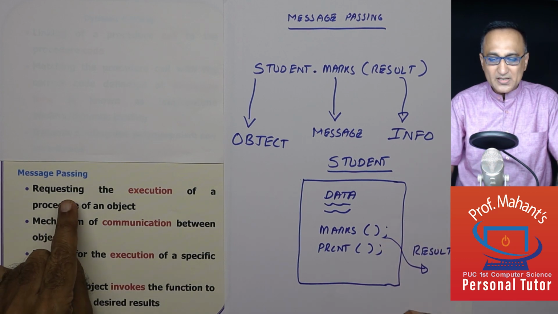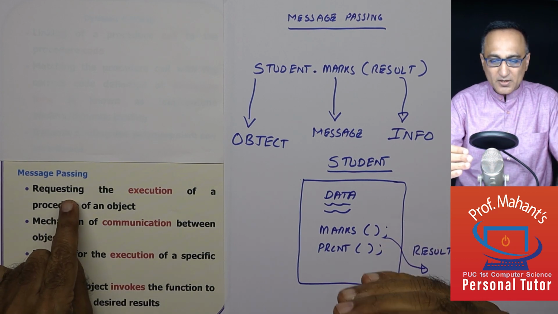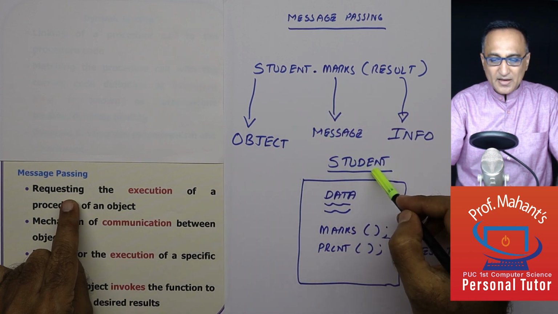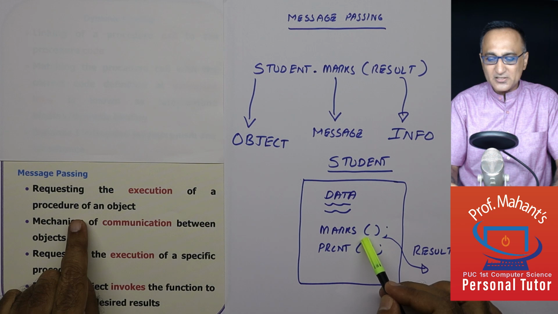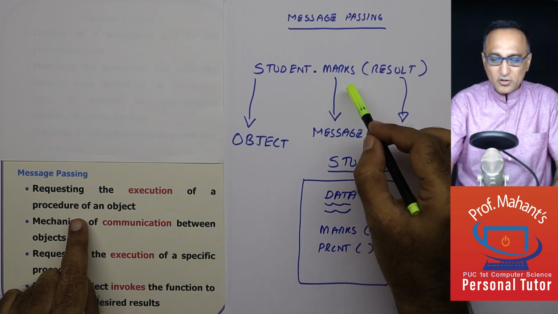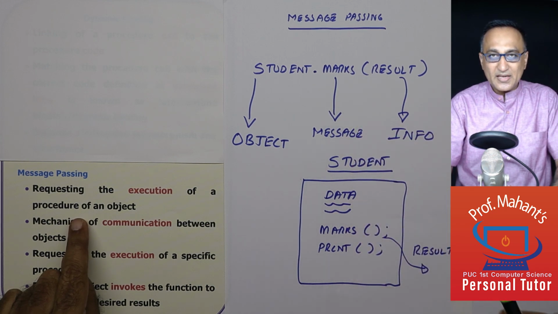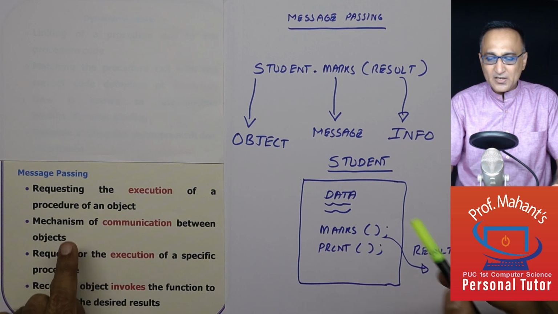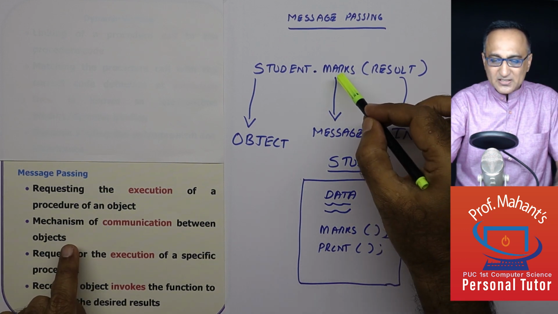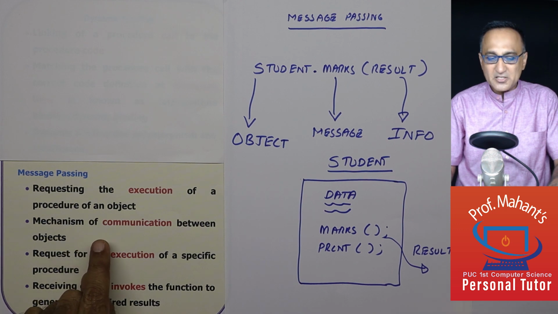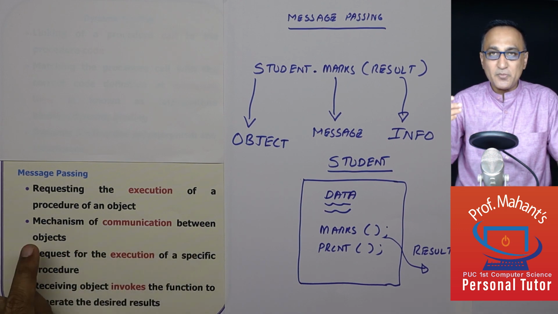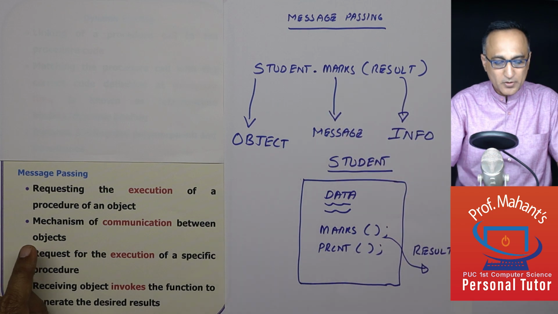So from the object student, I am requesting the execution of a procedure called marks by passing the message that I want the marks of student A, B, C, X, Y, Z. Calling marks or requesting marks to be executed is known as message passing, a mechanism of communication between me and the program.